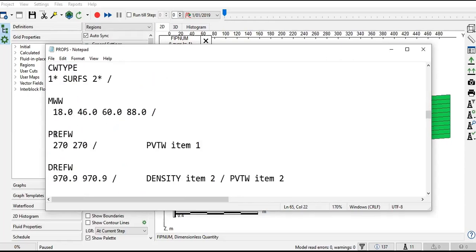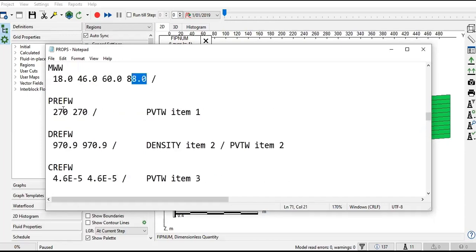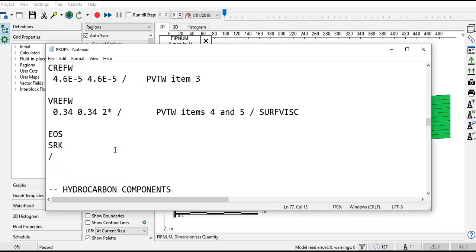Okay, and then this is the molecular weight for each water component. Okay, and then this is PVTW item 1. This is for the density. Okay, and then the equation of state.